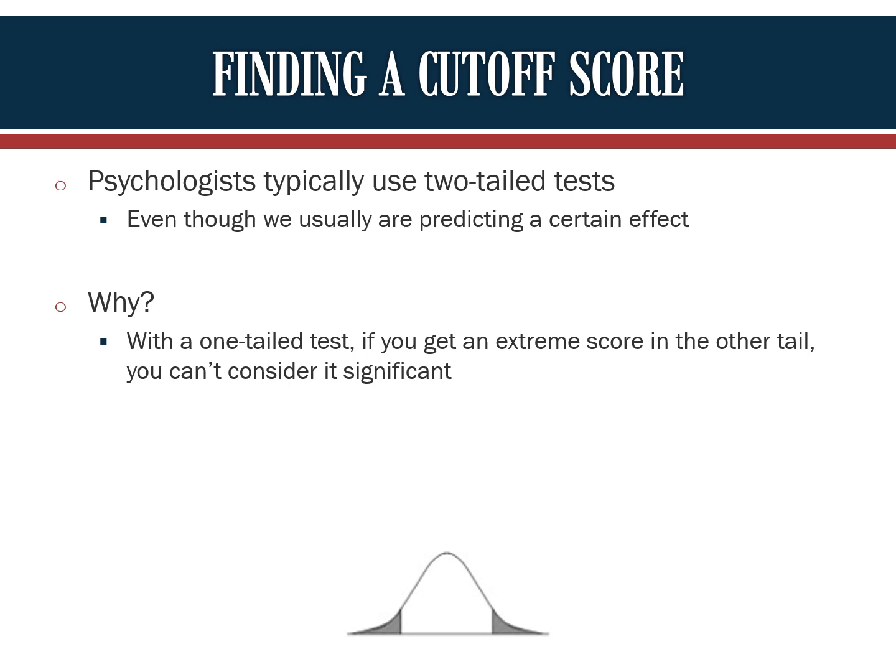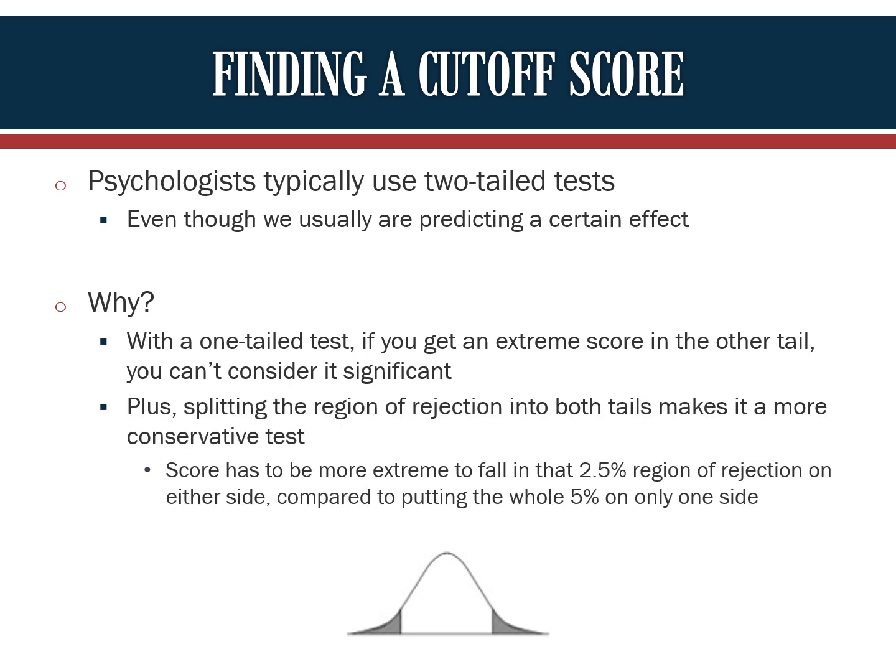So we don't like the idea of wasting our time and our resources in psychology. Hence, we typically just do everything as a two-tailed test in order to make sure that we can catch those effects if they end up going opposite of what we predicted. So it makes sense for us to do two-tailed tests to make sure that if we do get an opposite effect, we can still consider it to be significant.